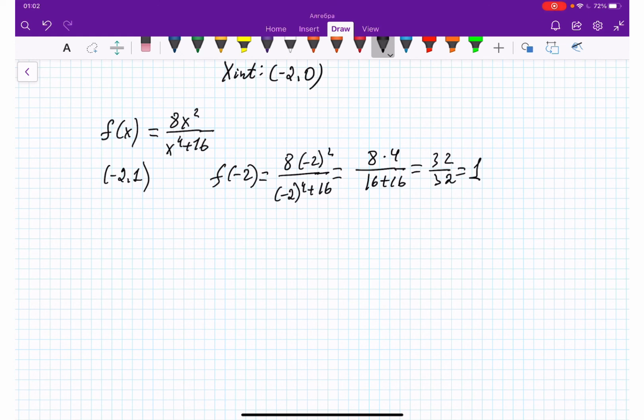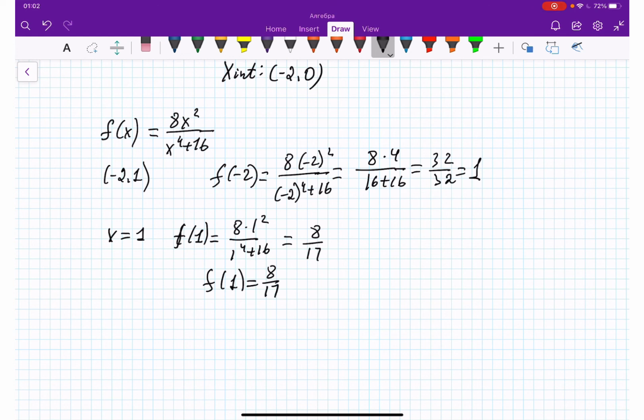So yes, the point belongs to the graph of this equation. Next one, x is equal to 1. So f of 1 is equal to 8 times 1 squared over 1 to the 4 plus 16. And we are getting 8 here and 17 here. So f of 1 is equal to 8 over 17.